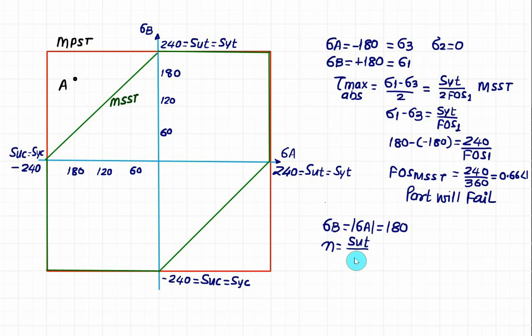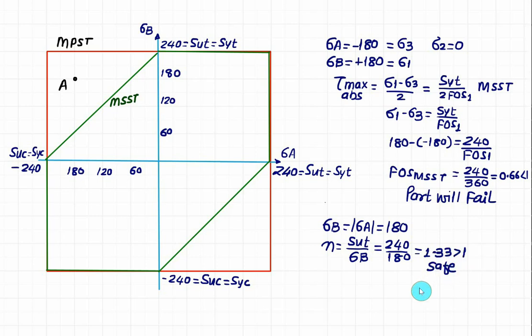They are identical, so we can write any value. SUT is equal to 240 divided by 180, which is 1.33. If the factor of safety is greater than 1, it means the design is safe.